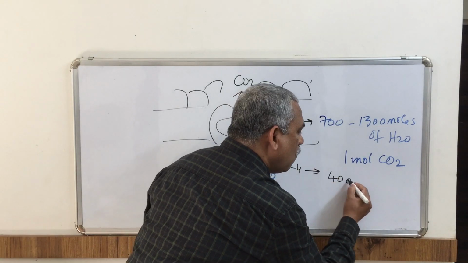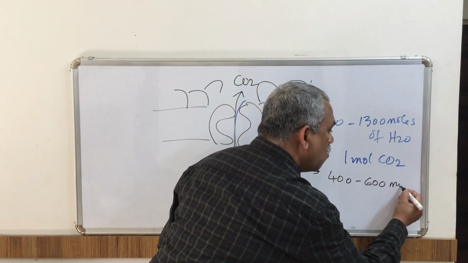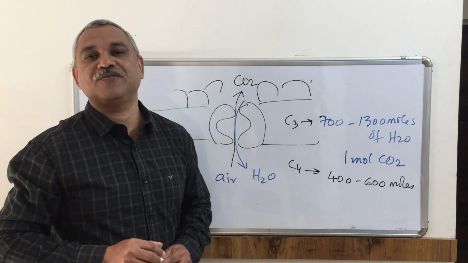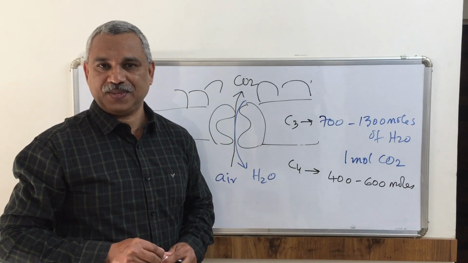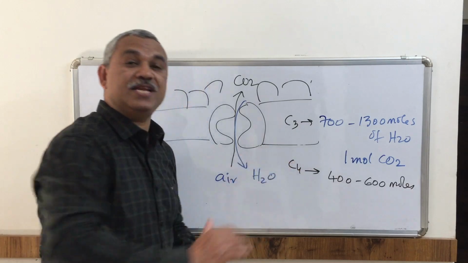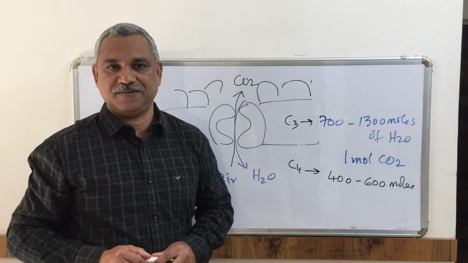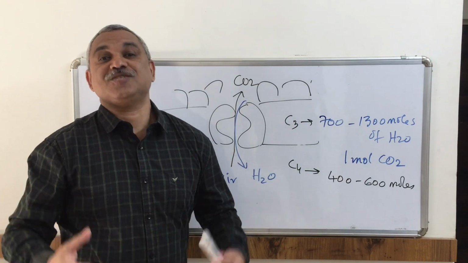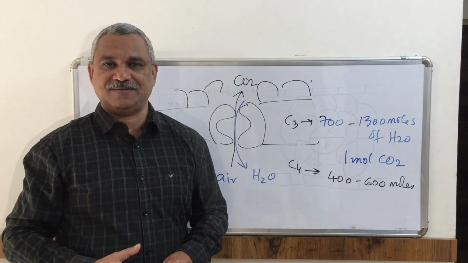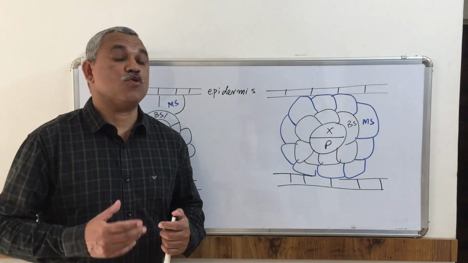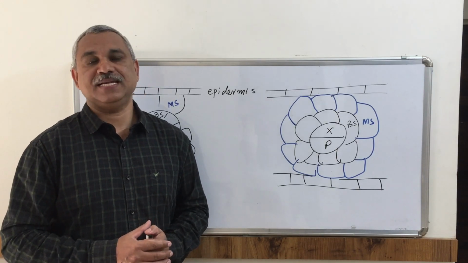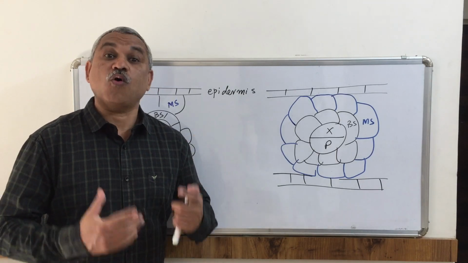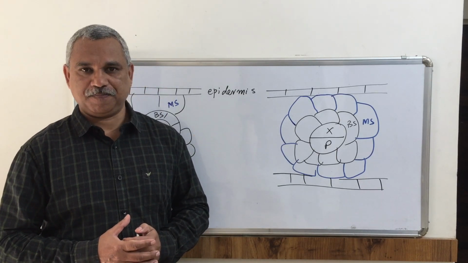That is about 400 to 600 moles of water used in order to fix 1 mole of carbon dioxide. So this is one of the biggest advantages of C4 plants. We are going to look at how exactly this mechanism operates. Naturally, a question will arise in our mind: how do C4 plants manage to concentrate carbon dioxide?